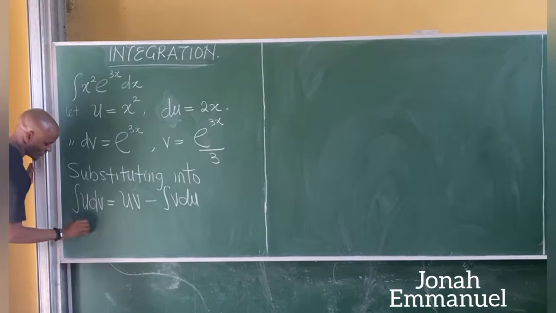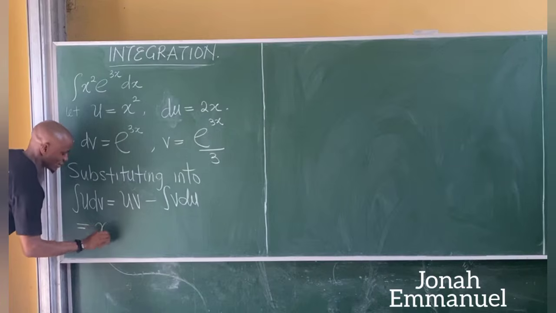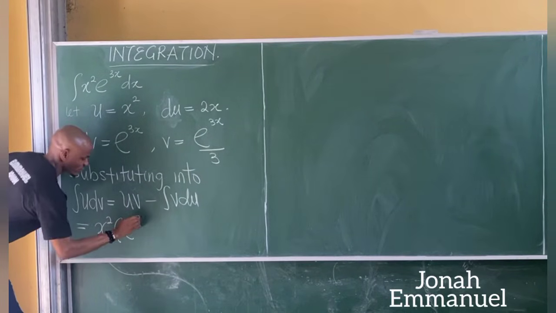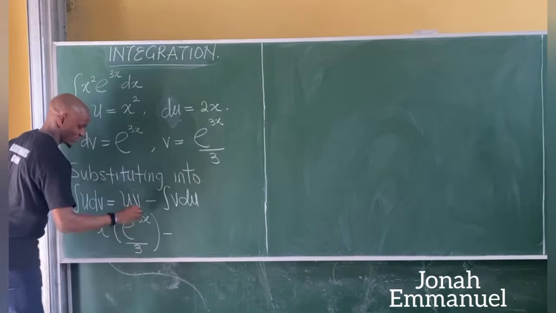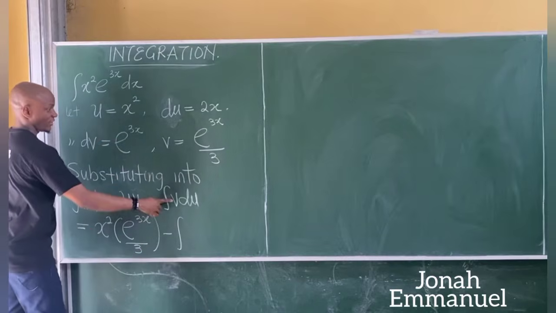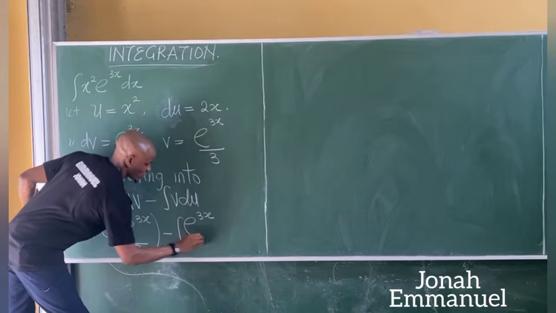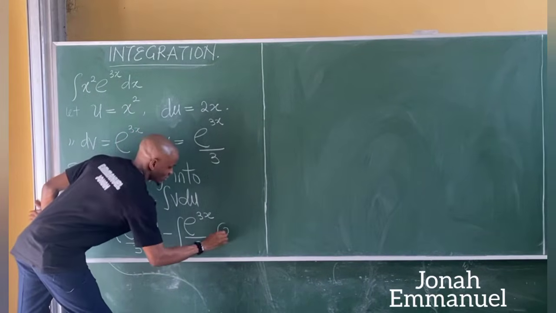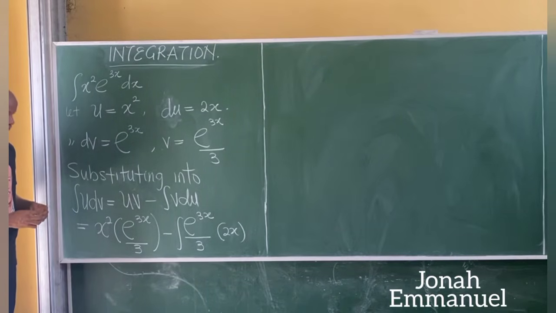Alright, so that's now equal to u is x squared, becomes x squared into v. V is exponential 3x all over 3 minus integral of v. V here is exponential 3x all over 3 into du. Du here is 2x. So I have this value.